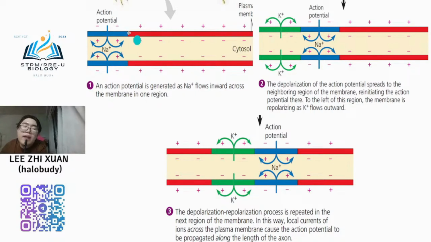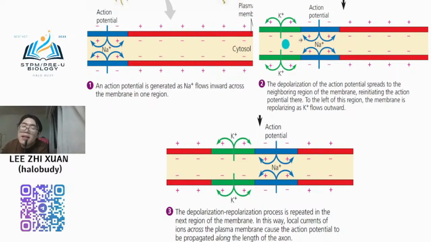You still remember that after the action potential, the depolarization process will take place. When depolarization takes place, at the same time it will spread the action potential to the neighboring region.